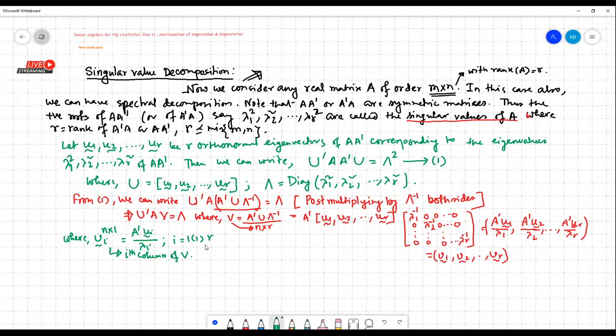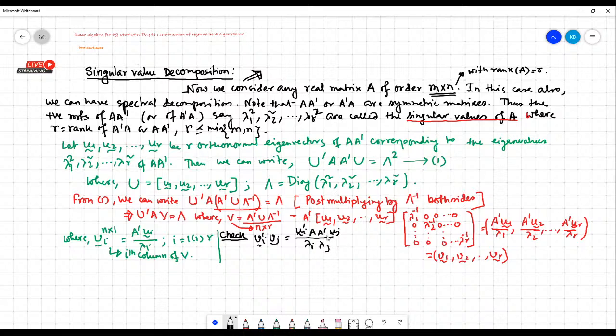Now check Vi prime Vj curl. This is equal to Ui curl prime A A prime Uj curl by lambda i lambda j.